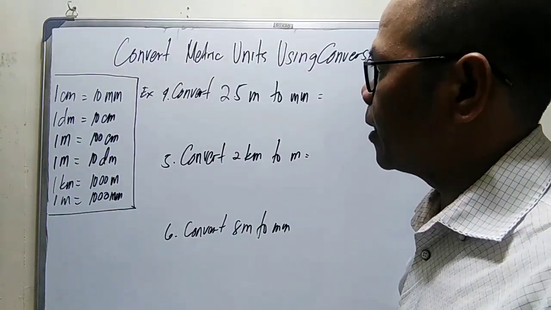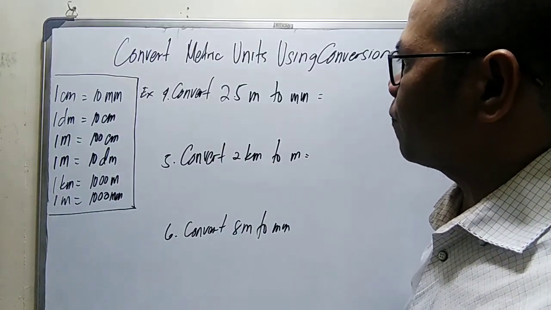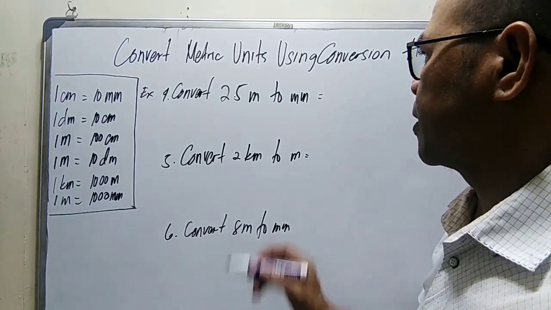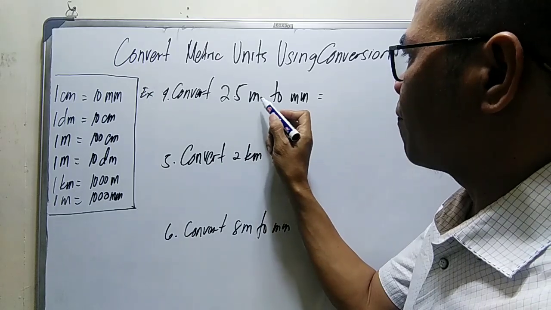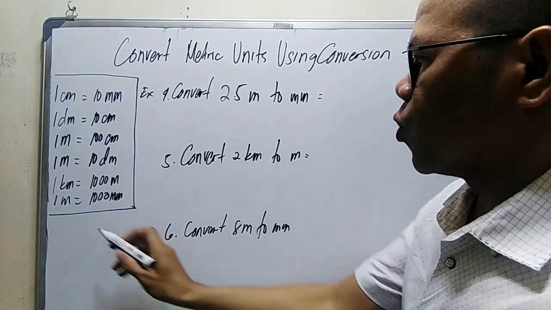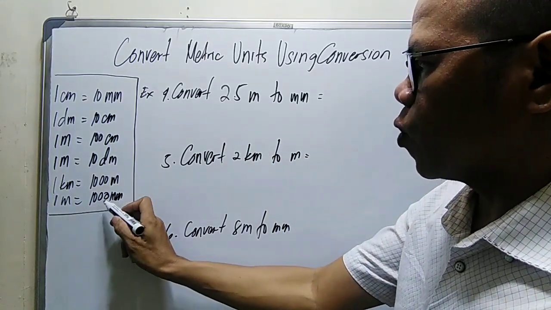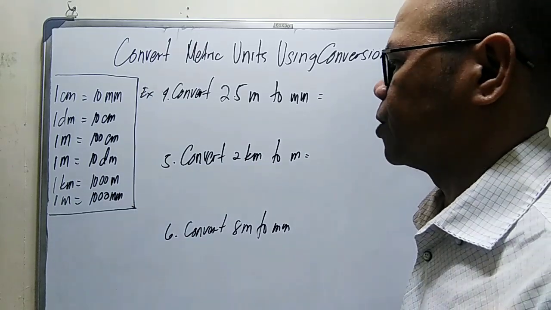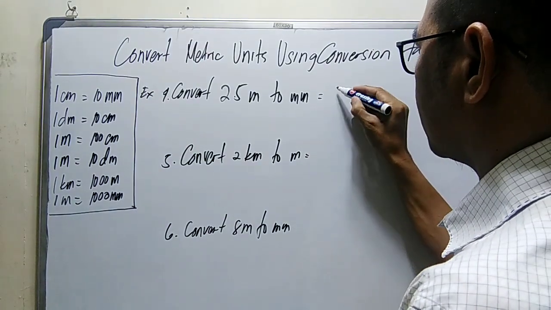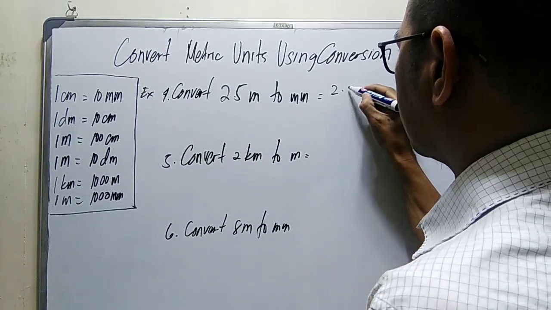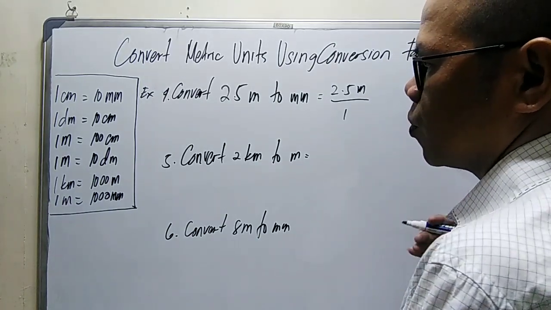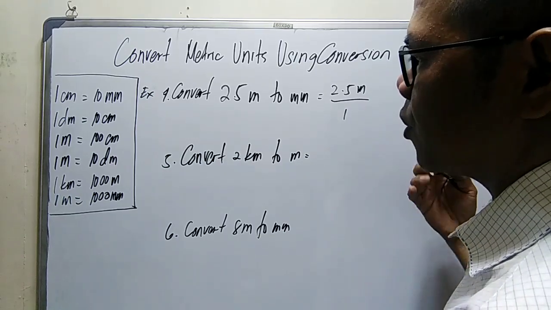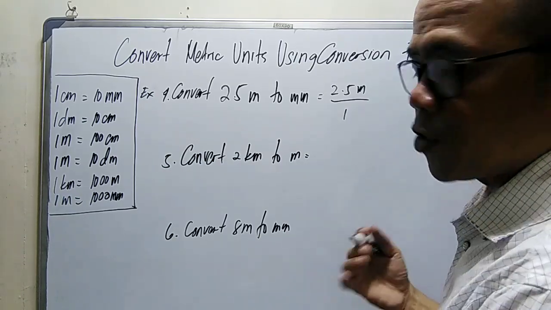Number 4 example. Convert 2.5 meters to millimeters. Gagawin nating millimeters itong 2.5 meters. So, 1 meter, that is equal to 1,000 millimeters. Ang gagawin natin dito, we have to copy the 2.5 meters over 1 kasi we have to determine the conversion factors in fractional form.